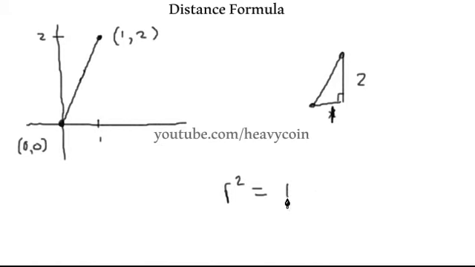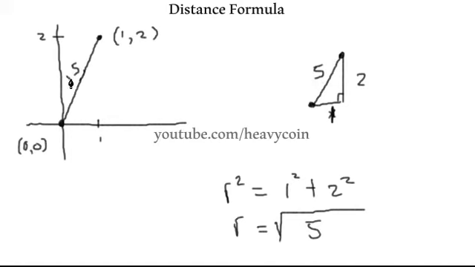Alright, so this is 1 squared plus 2 squared, and then of course we square root both sides to get r, and this would be 1 squared is 1 and 2 squared is 4, and that would be the square root of 5. So this distance here between here and here is the square root of 5. Okay?